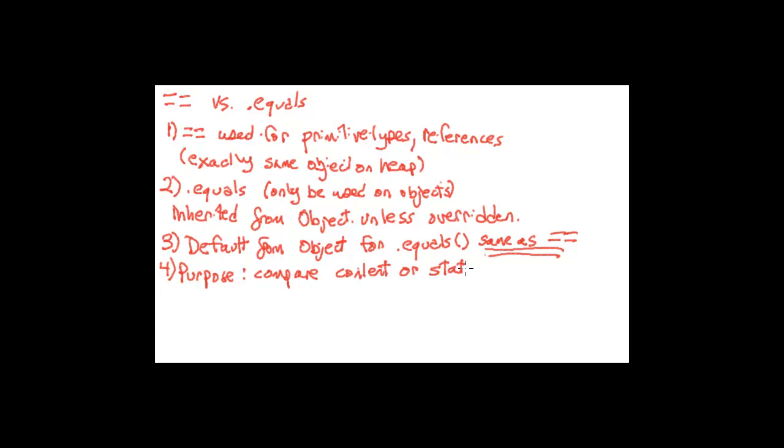That is why it is provided in Object so that it can be overridden for every class. For String, the way you compare the content is to look at each of the individual characters and see if they're the same. The way you would compare a Student class is to see if the perm numbers are the same, for example.